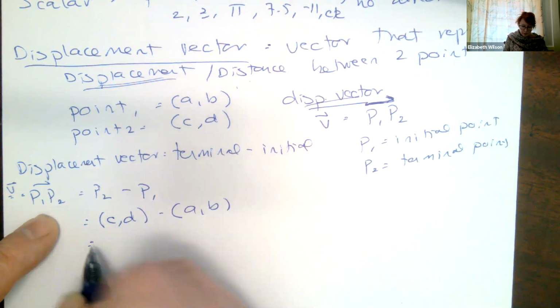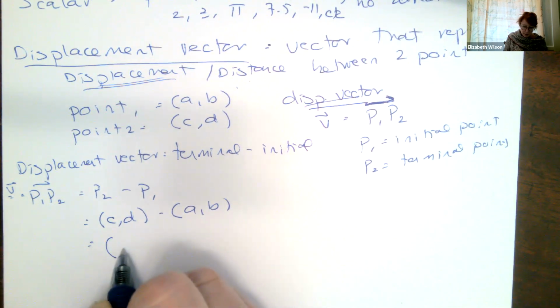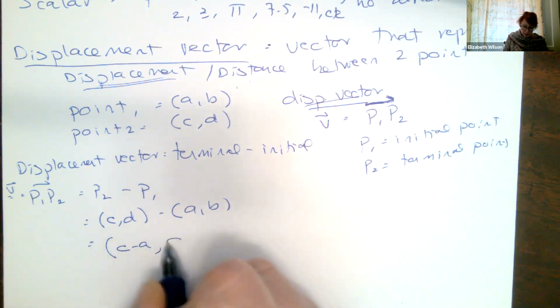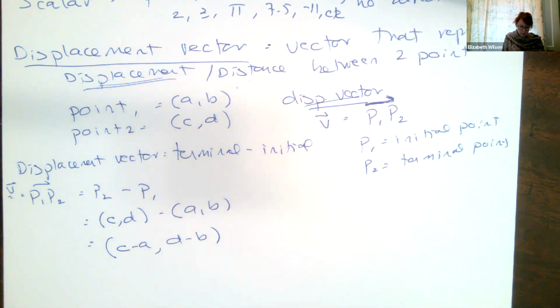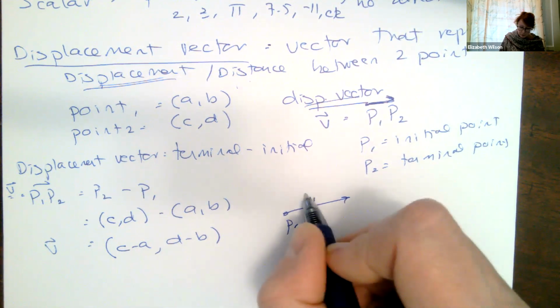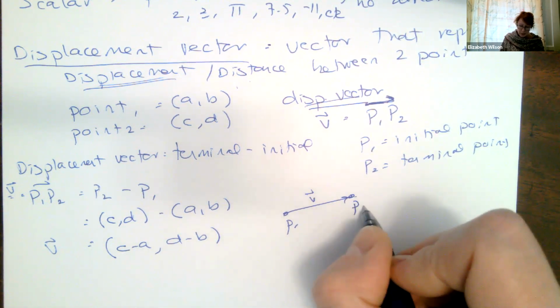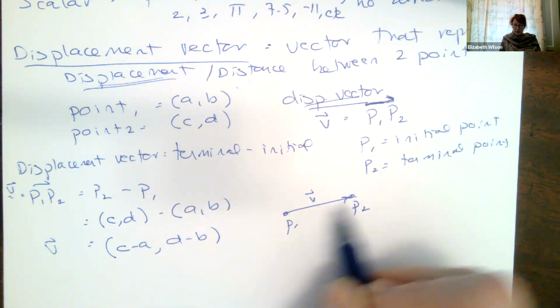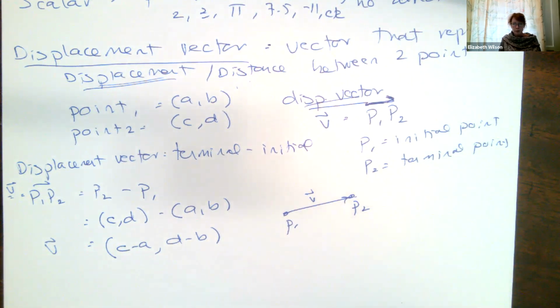So our displacement vector has components C minus A and D minus B. We'll do examples like this, and this is a vector that represents the displacement from P1 to P2. That's our displacement vector.